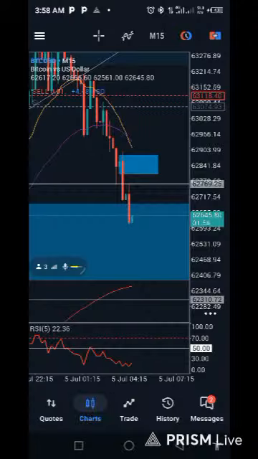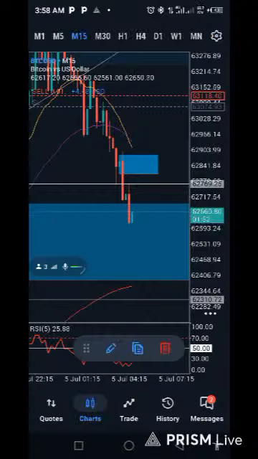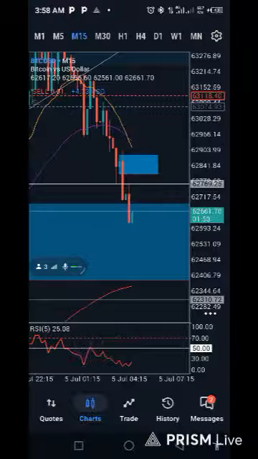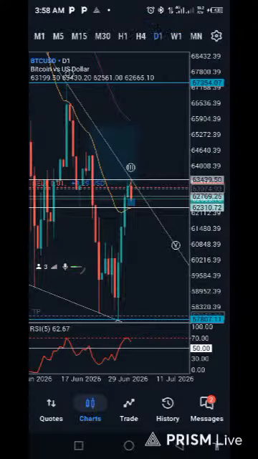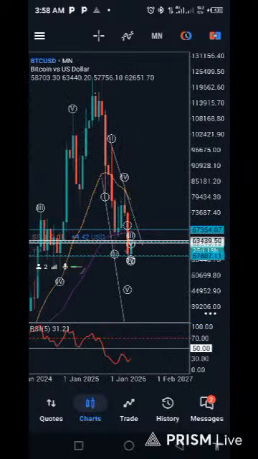To confirm it very well, let's go to a higher time frame before you say it's a downtrend. Let's go to the daily time frame. In fact, let's go to the monthly time frame. You will see that it's a downtrend. You can see the RSI, and you can even see the moving average on the chart facing down.